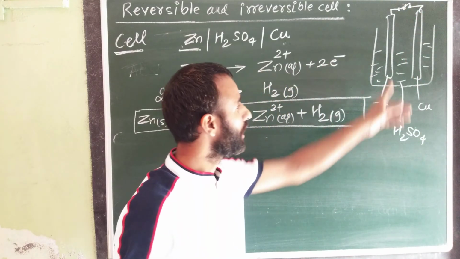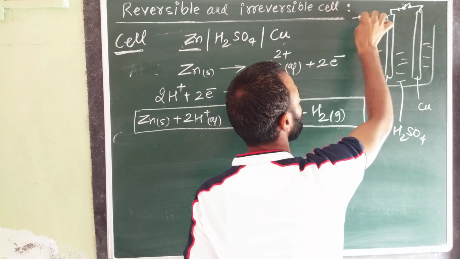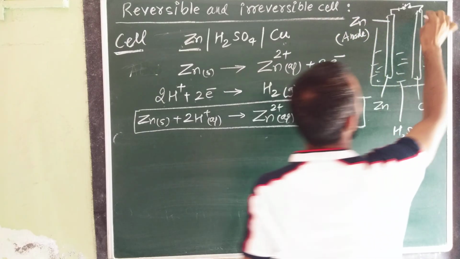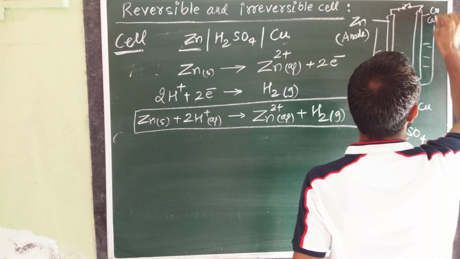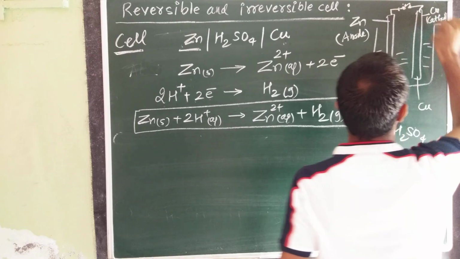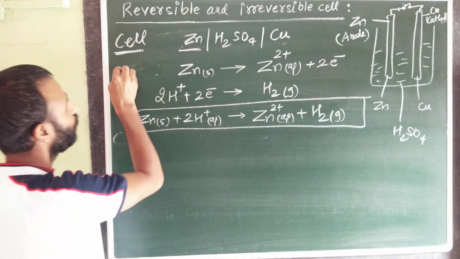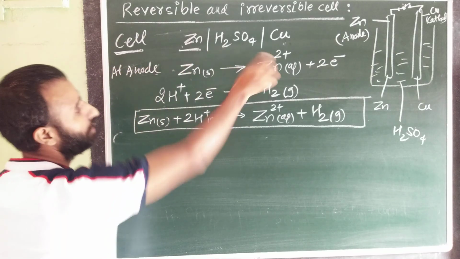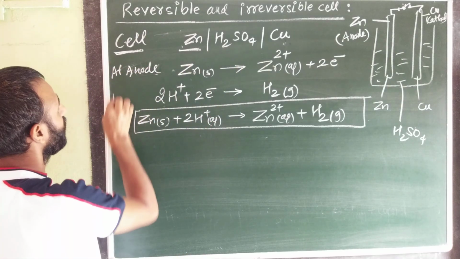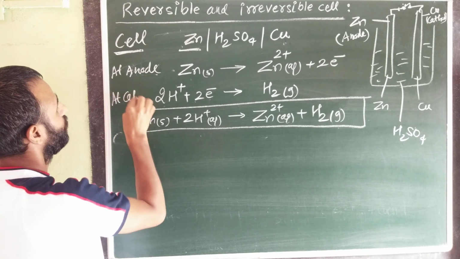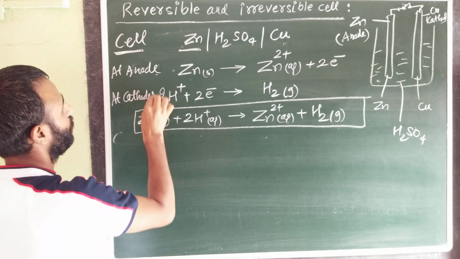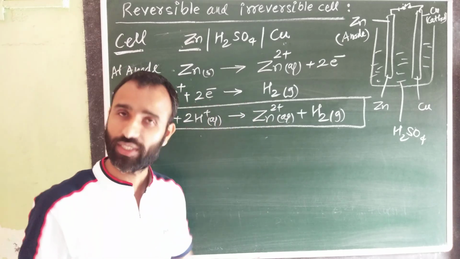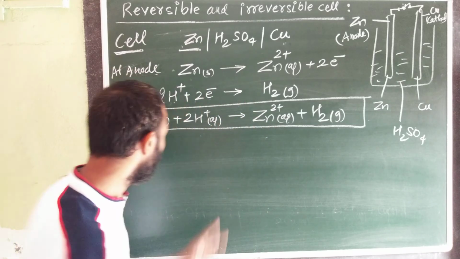Zinc acts as anode and copper as cathode. So at the anode, zinc dissolves, and at the cathode, the H plus ions gain electrons. So this reaction takes place.